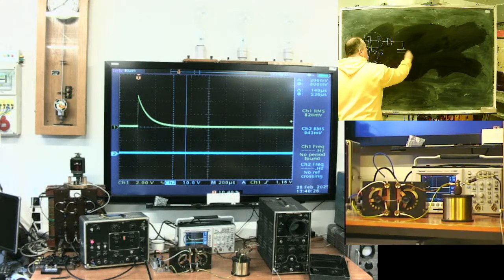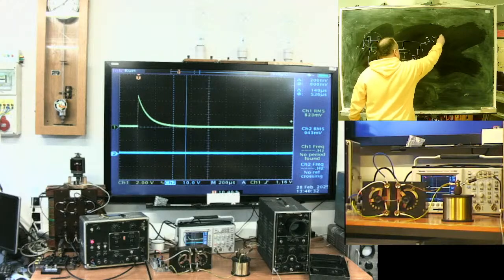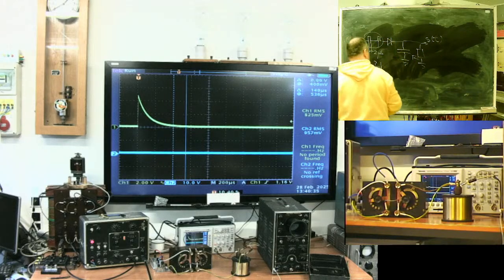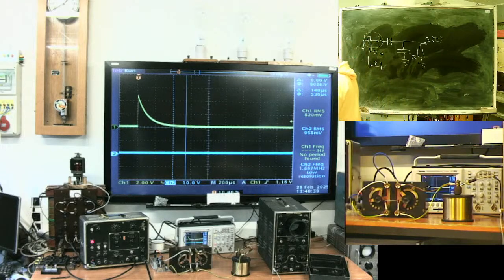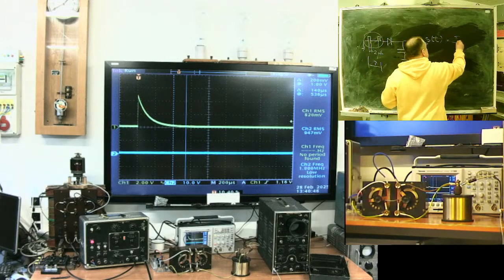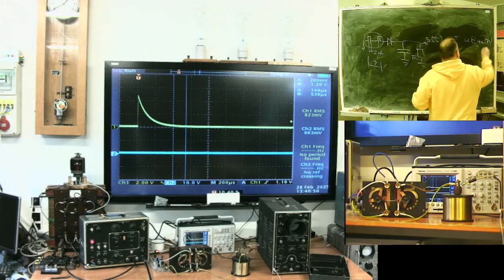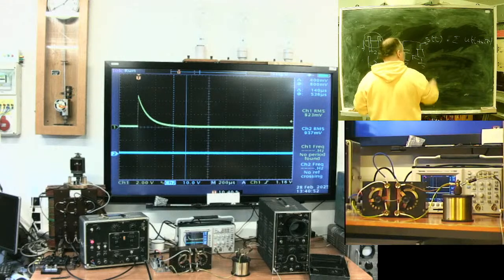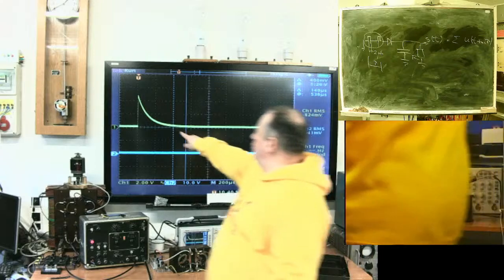The capacitor, the resistance. Okay, it's my signal. What is the spectrum for this one?